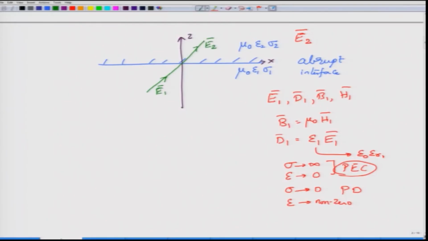Now, imagine that I am putting up this loop. I will also label the sense of direction around which I have to pass through the loop. This loop has a length delta L. One half of the loop is lying in medium 1, the other half in medium 2.